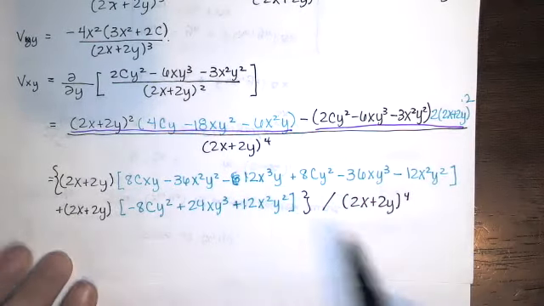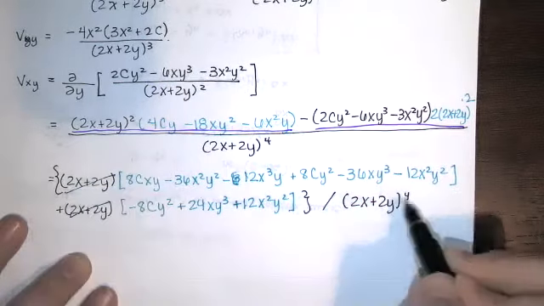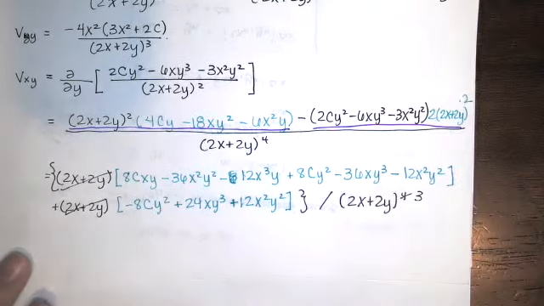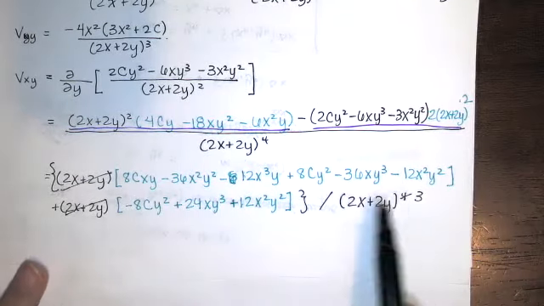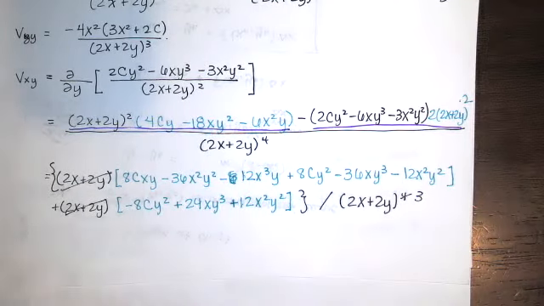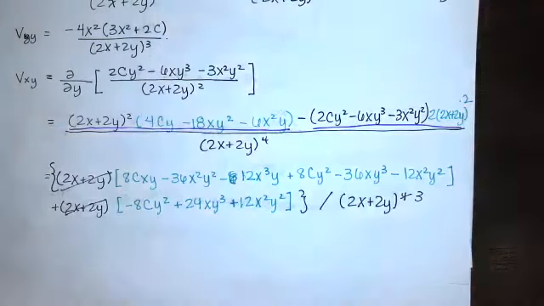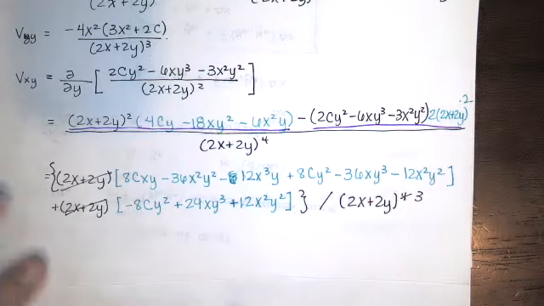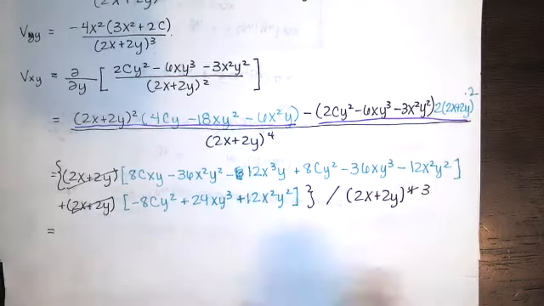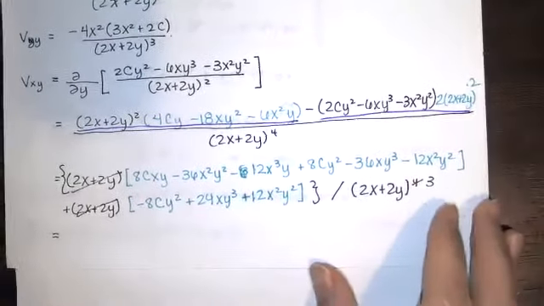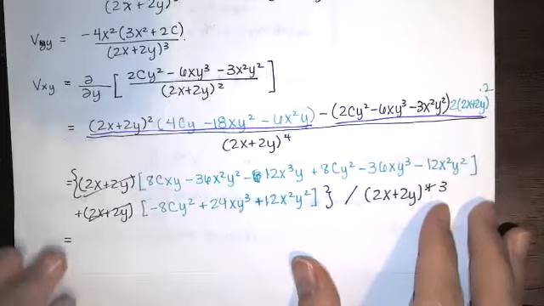This 2x plus 2y will reduce with one of these down there. And so we'll just have this plus this in the numerator over 2x plus 2y quantity cubed. Okay, now just keep going. See if there's anything that reduces.